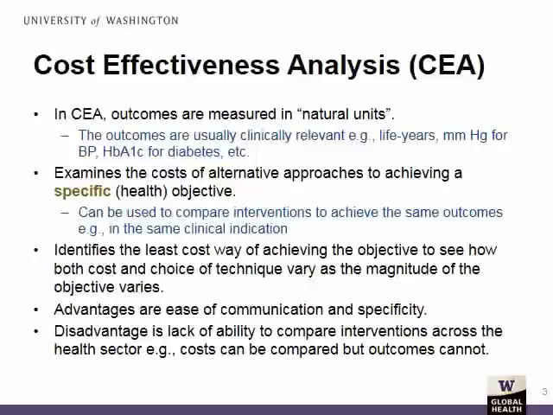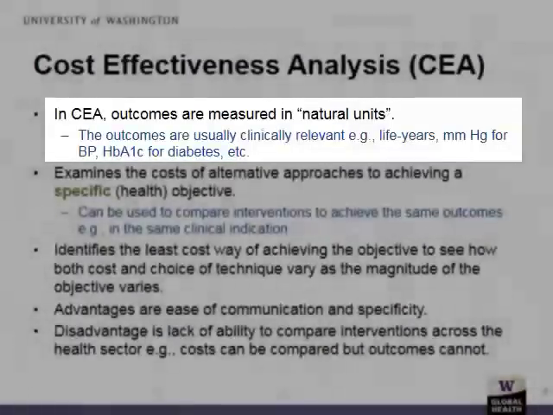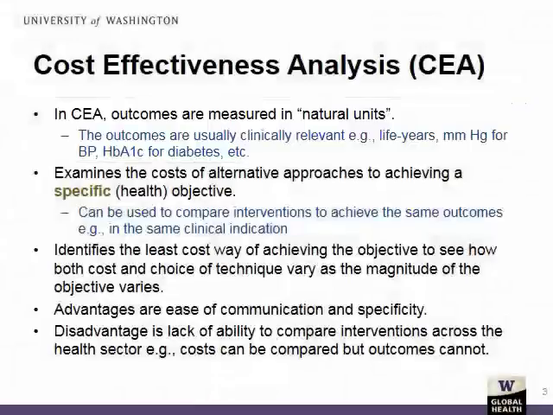But a cost effectiveness analysis essentially measures outcomes in natural units. So if you had an antihypertensive medication, the outcome of interest might be millimeters of mercury reduced of blood pressure. If you have a diabetic medicine, you might have the intermediate outcome HbA1c, and you're interested in the cost per percentage reduction in HbA1c.